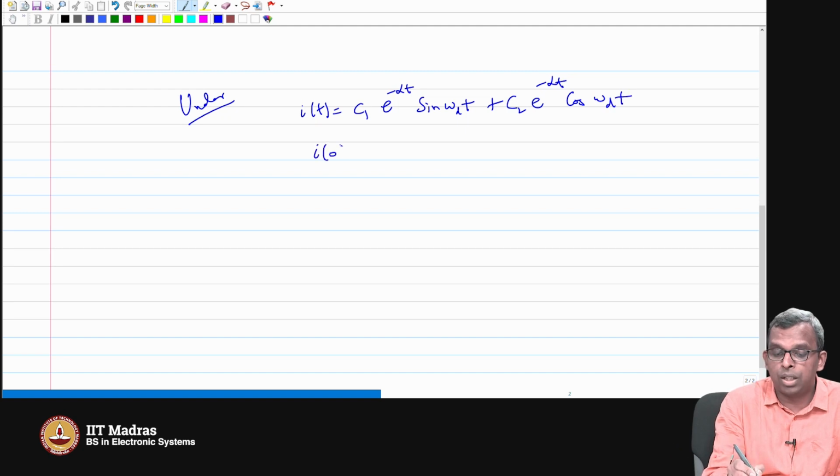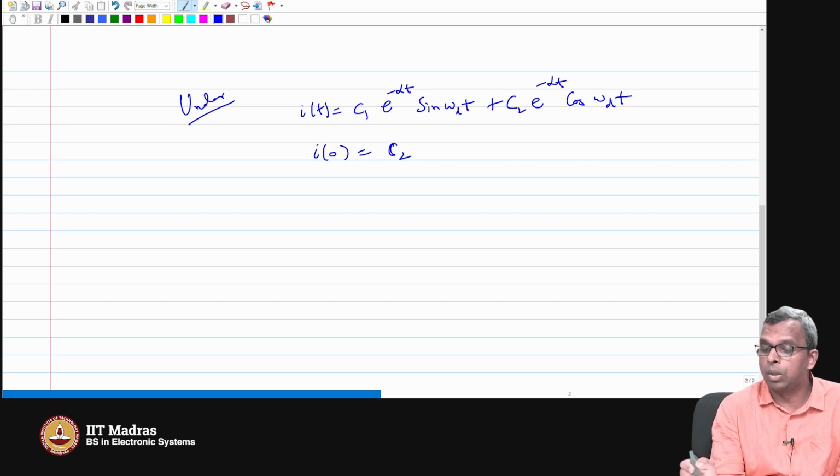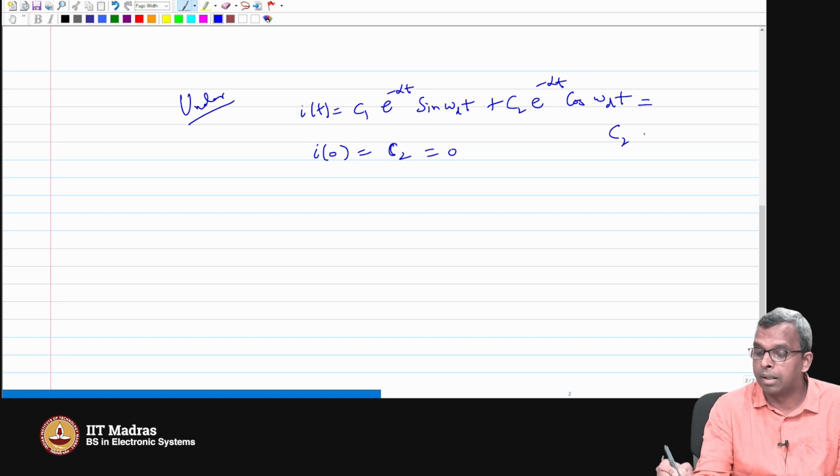Now, if you put I of 0, you are going to get c2, because the first thing will go away since the sine is 0 and the cosine is 1, so you get c2, and that needs to be 0. So this just becomes c1 e power minus alpha t sin omega dt.